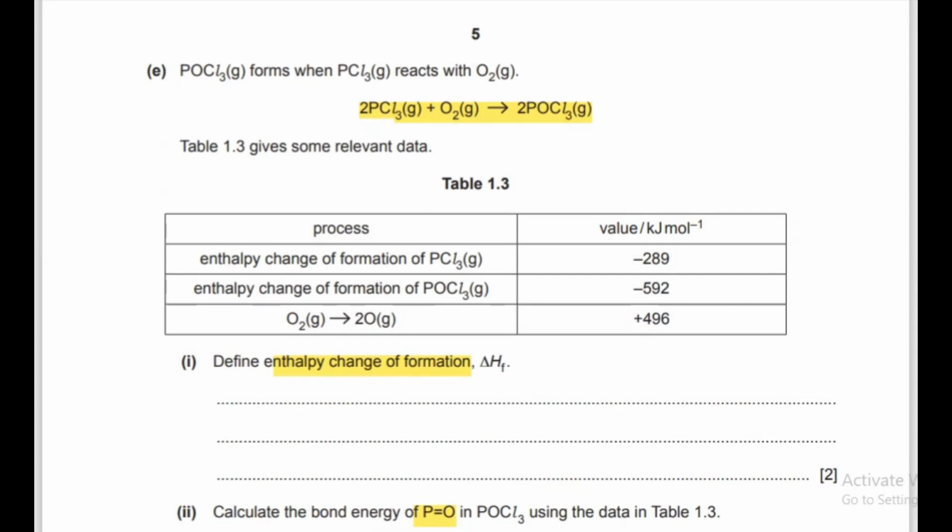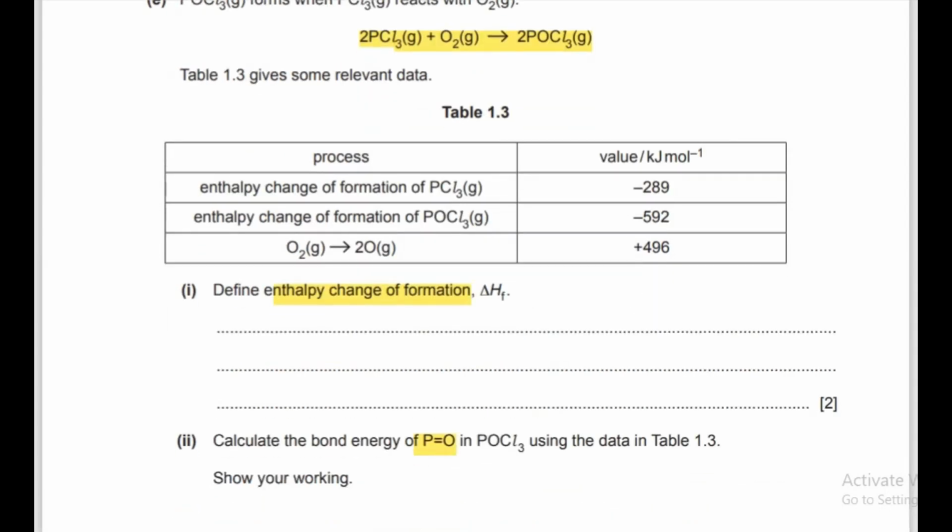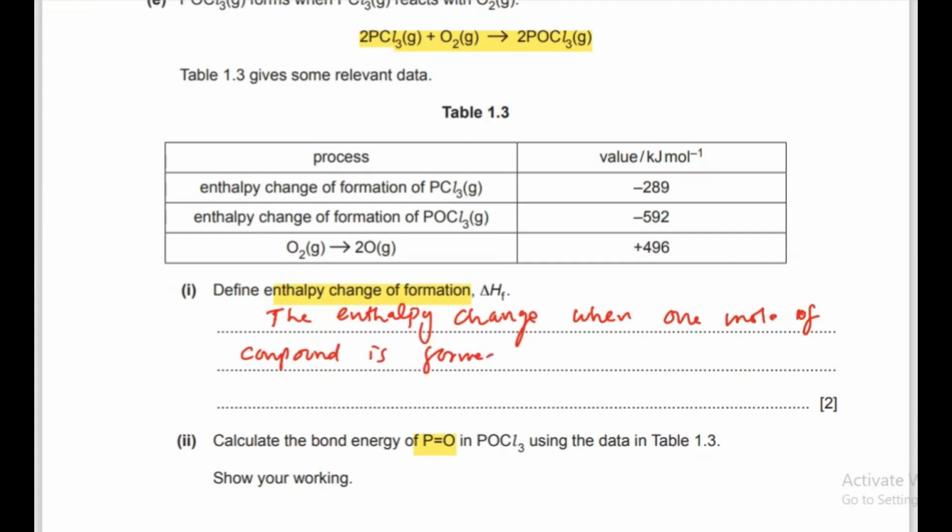Okay, so enthalpy change of formation is the enthalpy change when 1 mole of the compound is formed from its elements under standard conditions.